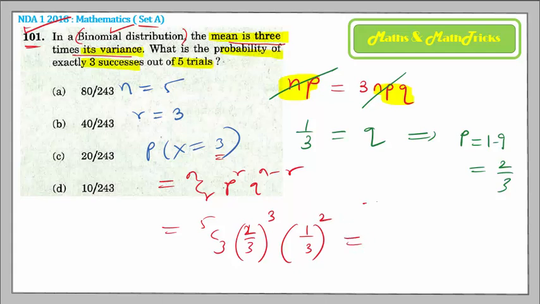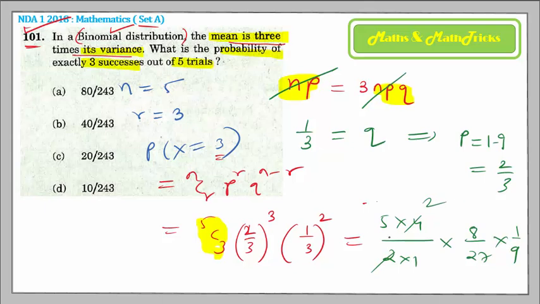Now you know that this 5C3 is same as 5C2, and 5C2 you will calculate by 5 into 4 by 2 into 1. And 2 by 3 the whole cube is 8 by 27, whereas 1 by 3 the whole square is 1 by 9. So you can see that this becomes 10 into 8, 80 in the numerator, and that is in the option A. But you also check the denominator, 27 into 9, which is 243. So the right answer to this particular question is option A only.